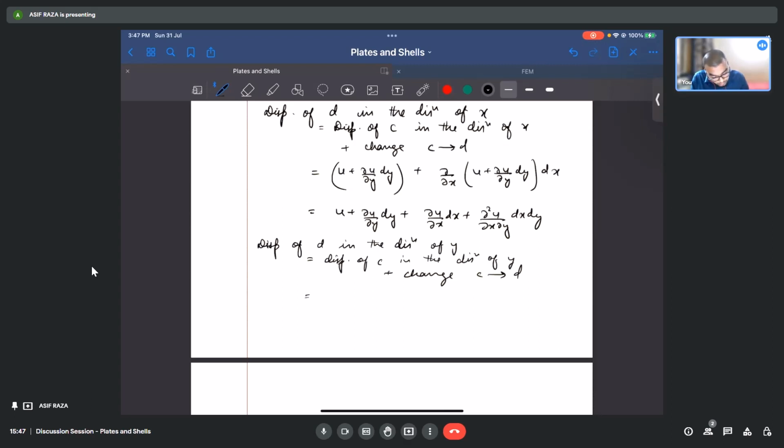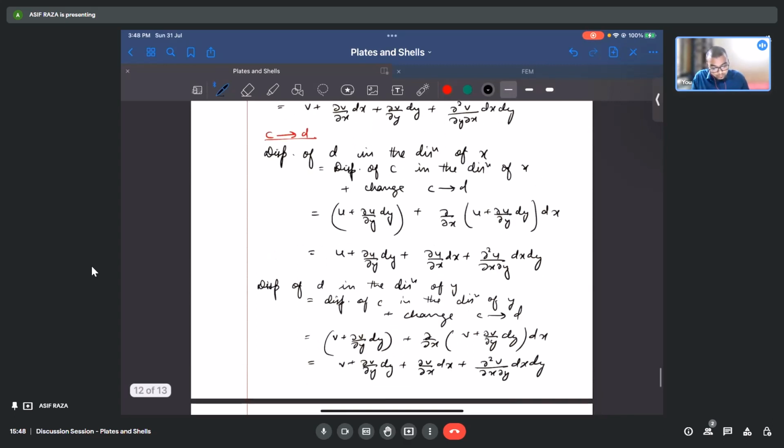So this will be v plus ∂v/∂y dy plus ∂/∂x (v plus ∂v/∂y dy) dx. This gives me v plus ∂v/∂y dy, ∂v/∂x dx, ∂²v/∂x∂y dx dy.